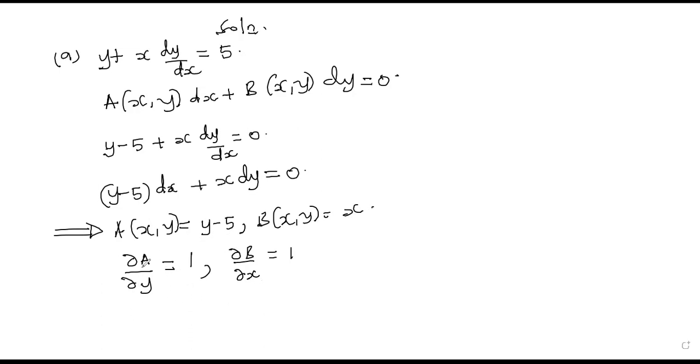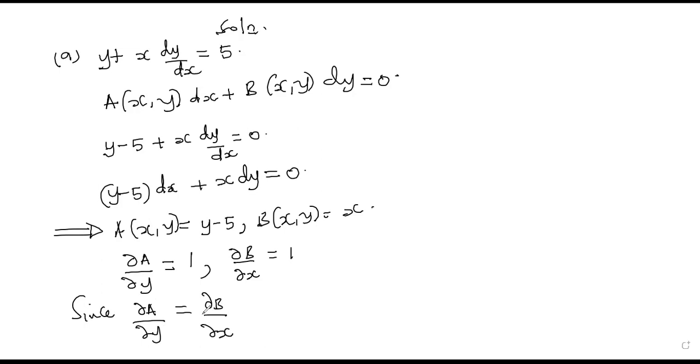Now, since ∂A/∂y and ∂B/∂x are equal, then this equation is exact. So you conclude and say, since ∂A/∂y is equal to ∂B/∂x, which is equal to 1, then the differential equation is exact.